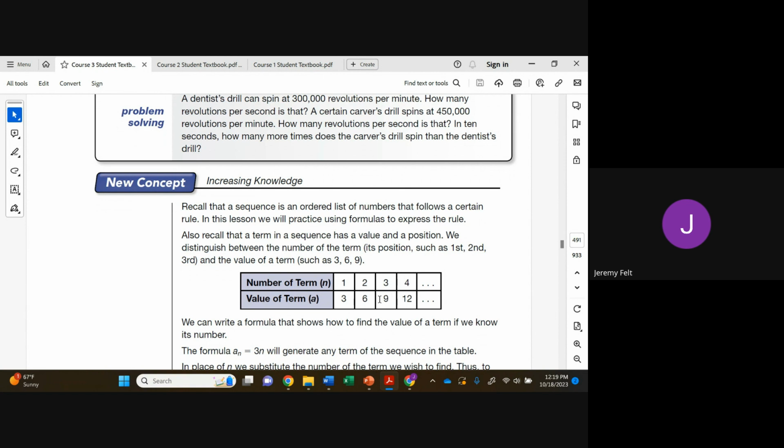Do that 50 times, or, once you understand the rule, that's going to save you a lot of time. You can just plug in 50 for your n, and then that's going to tell you your value. So 3 times 50, the value at 50 is 150, because it's 3 times the number of the term.